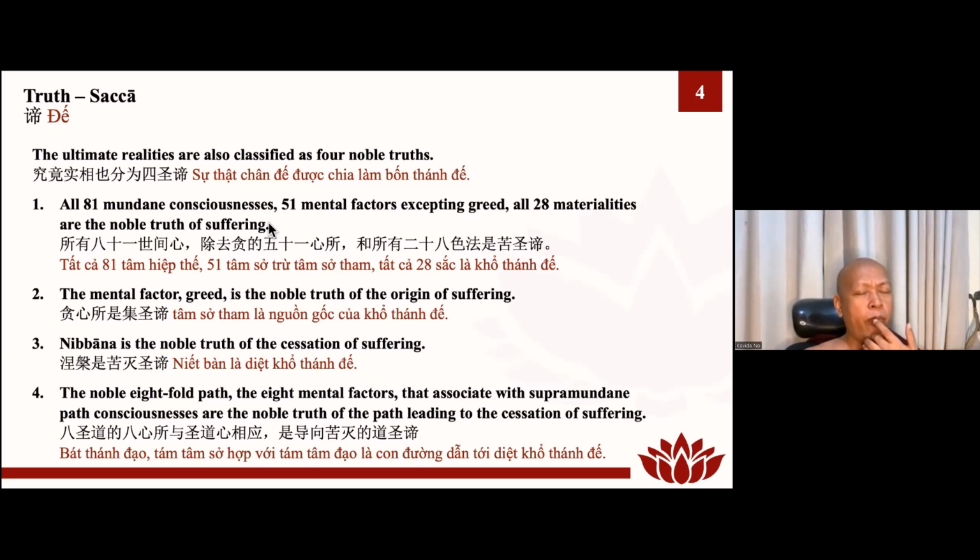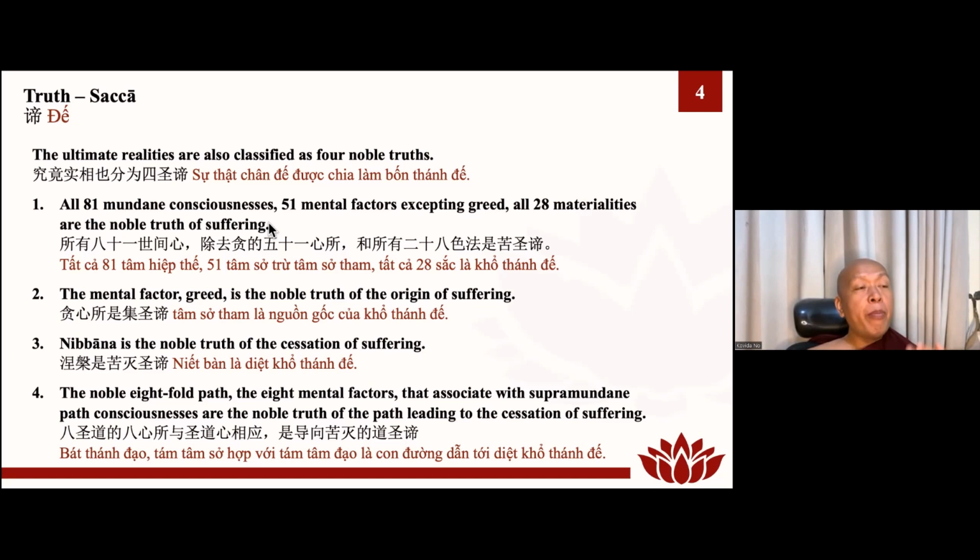Another one is samma samadhi, the right concentration, one-pointedness. It can be associated with either good or bad. But one more thing here: the Noble Eightfold Path, when it is associated with supramundane consciousness, can be considered as the noble truth of the path leading to the cessation of suffering.